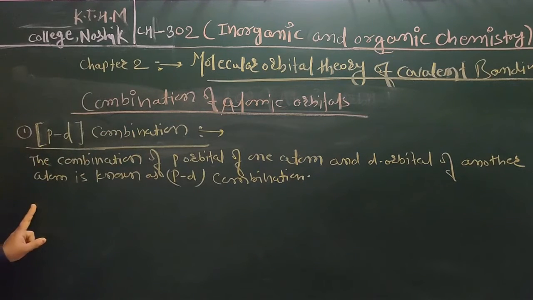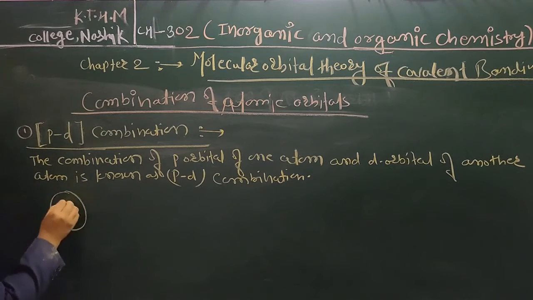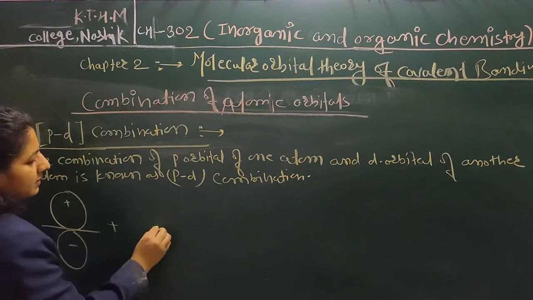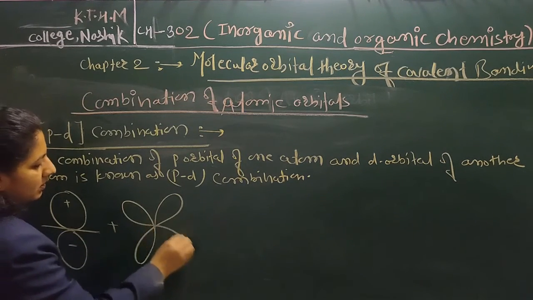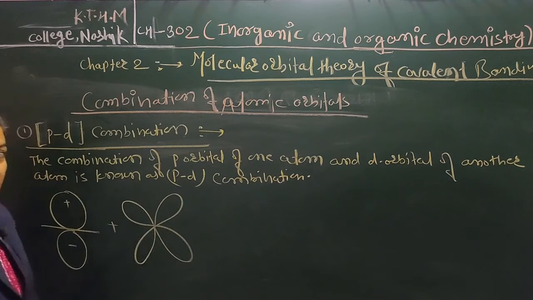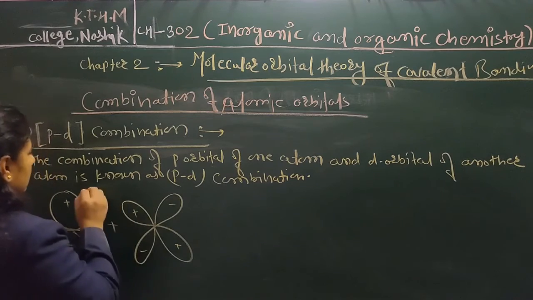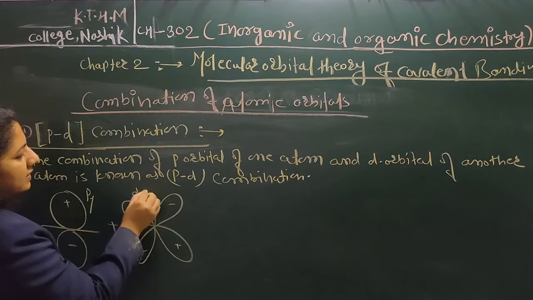As we know, the p orbital has a dumbbell shape, so here we see the orbital in dumbbell manner and it will be combined with the d orbital, that is py with dxy.